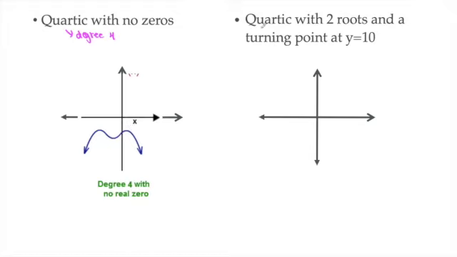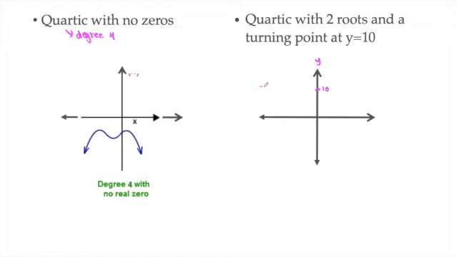And then here's another quartic with 2 roots or 2 x-intercepts and a turning point at y equals 10. So a little bit more specific here. You are going to want 2 roots and you want it to turn at a value of y equals 10. So that is the point y equals 10, because it's on your y-axis.